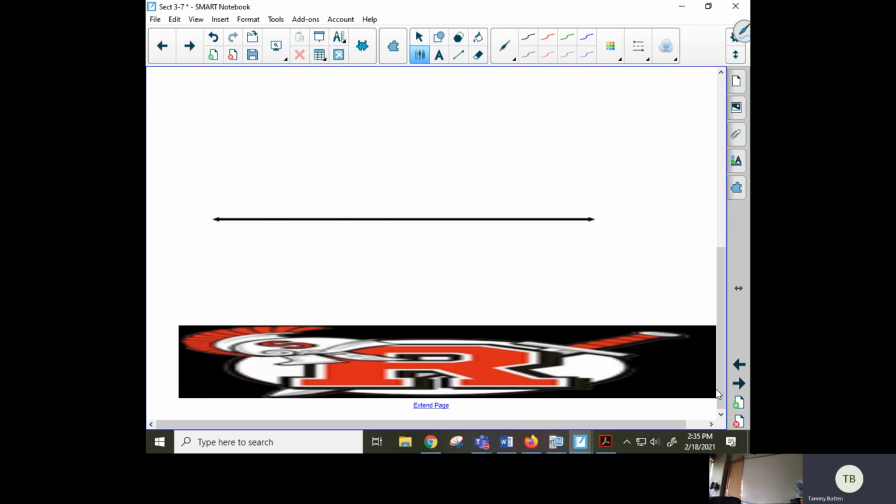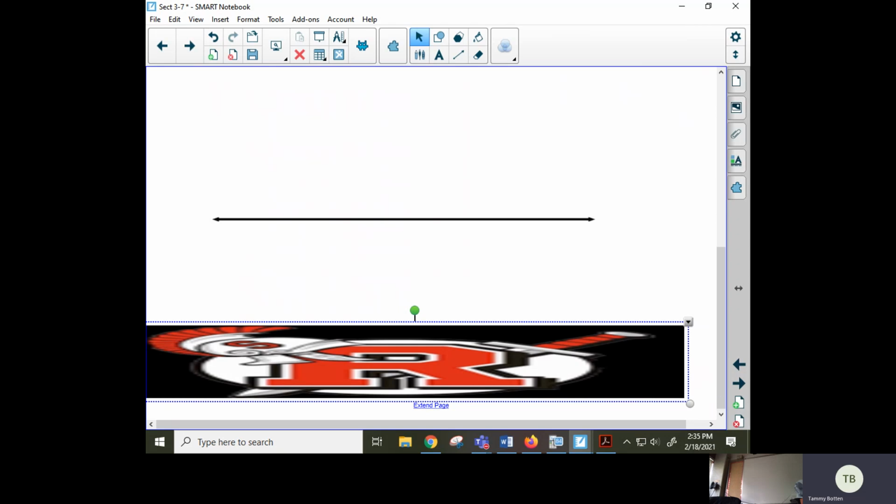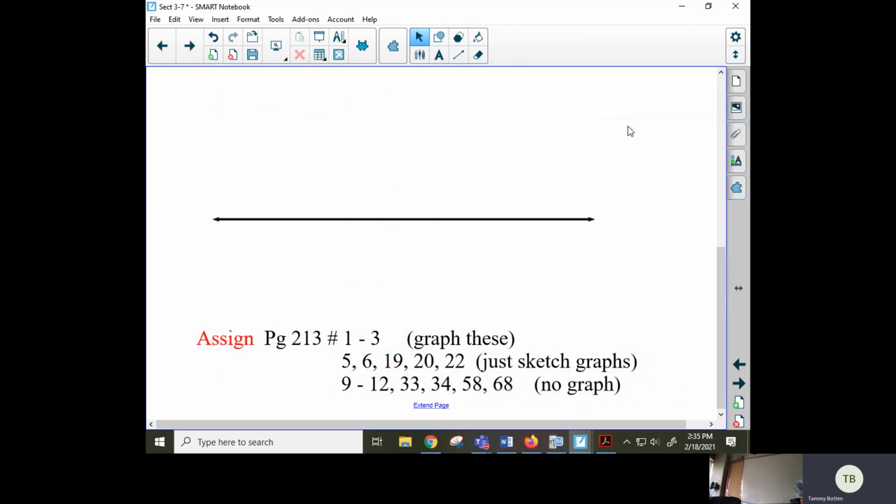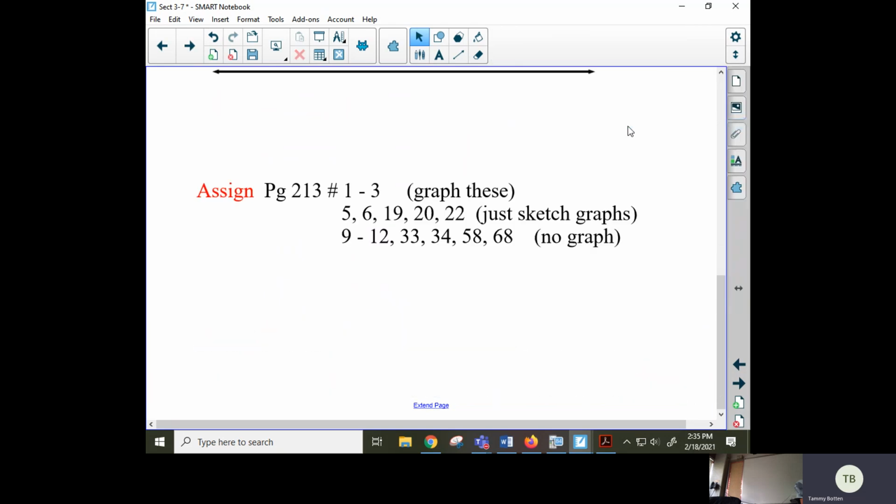Okay. So here, your assignment looks kind of overwhelming. Okay, so here's the deal. 1 through 3 are like the first 2 examples that you have to graph, like a pretty detailed graph.